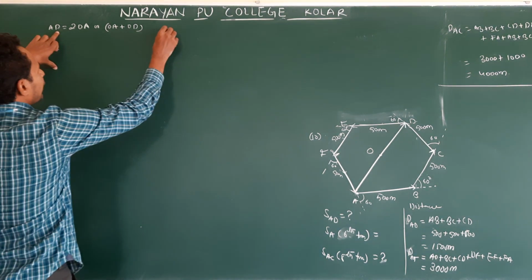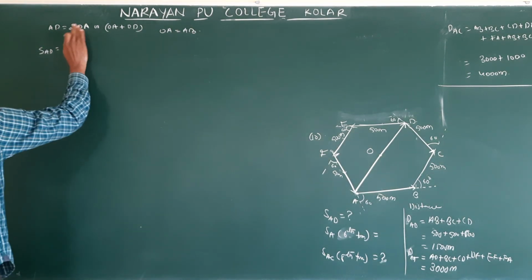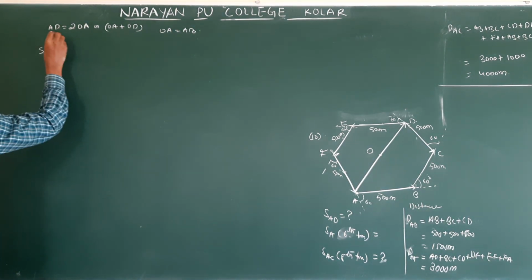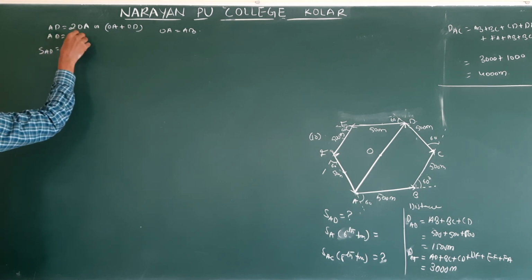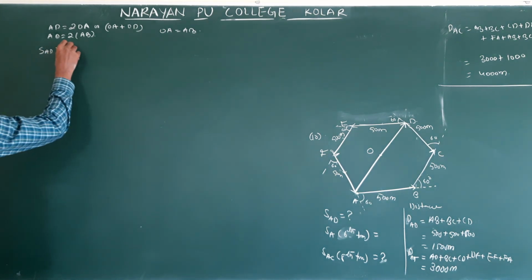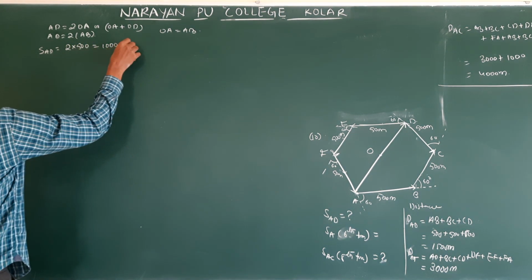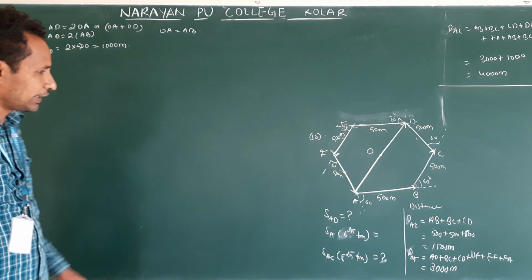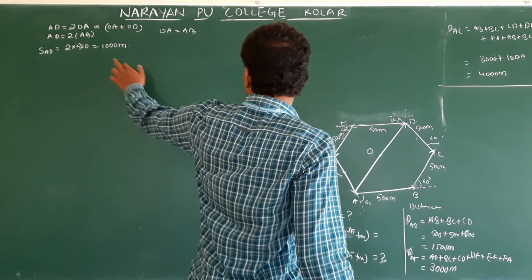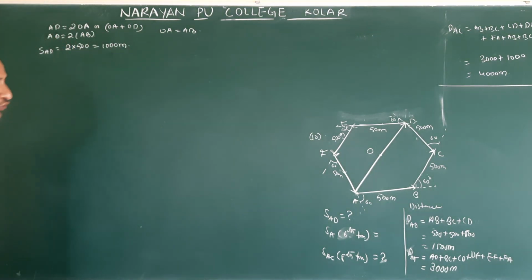So OA is equal to AB. Or we can write AD is equal to 2 into AB also. Clear? So I will show you the proof in the competitive exams. Then this will be 2 into 500, so 1000 meters. Displacement for S_AD is 1000, but the distance we got is 1500 meters. That is the difference.